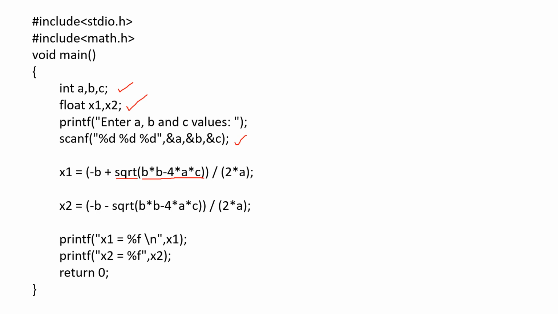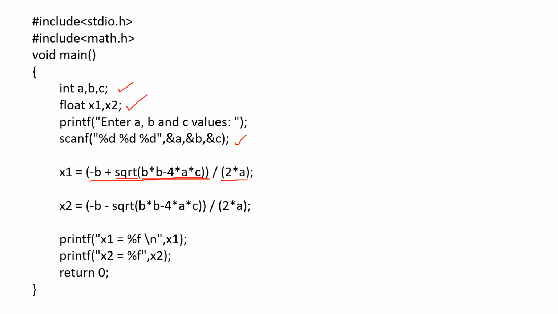This value becomes the argument to the square root function, and this entire value, minus b plus square root of b square minus 4ac, becomes the numerator value. That's why we have given extra parenthesis here, divided by 2 into a. 2 into a, this particular value becomes the denominator value.